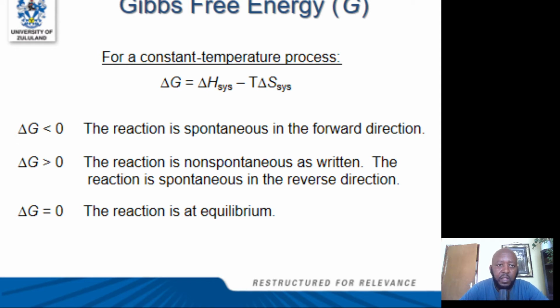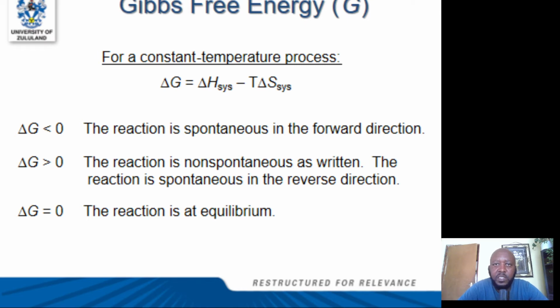From the previous slide, we said that the Gibbs free energy at a constant temperature process, delta G, is given by delta H minus T delta S. We can have three different values when you calculate the value of G. There are certain reactions whereby the value of G will be less than 0.